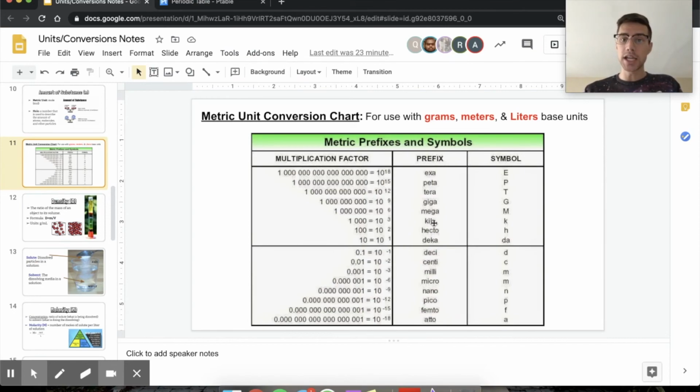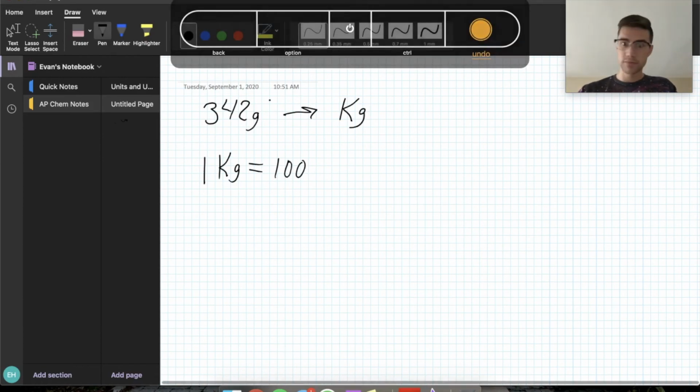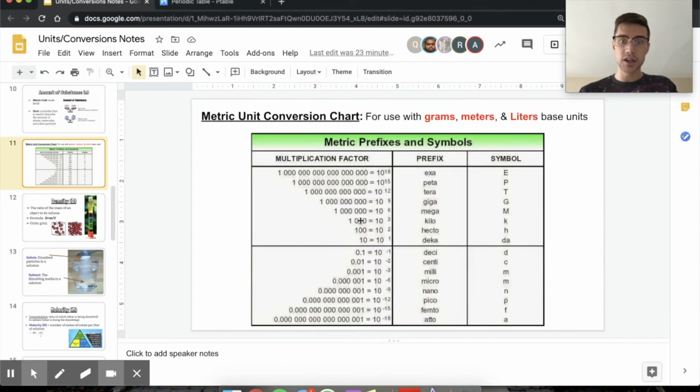But notice here, a kilo of whatever we're talking about is 1,000 of the base unit, okay? Which means 1 kilogram equals 1,000 grams, okay? These are the same thing. That's why this says 1,000 right here, okay? It also has it listed in scientific notation if you want the 10 to the exponent, all right?